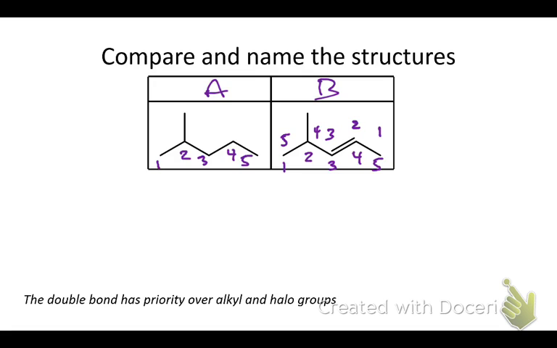And so there's a methyl that would be a 2 and an alkene that would be 2. The alkene takes priority, and you just ignore the alkyl and halo groups, as far as numbering goes. So this one becomes 2-pentene. And it's 4-methyl.